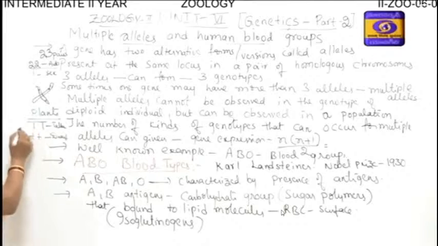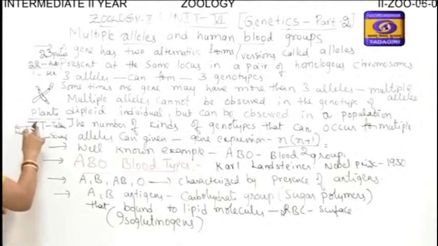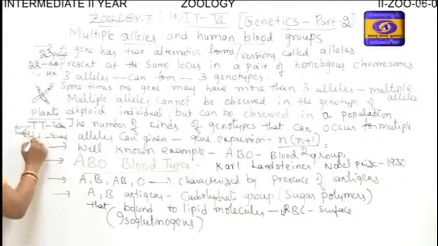These are the two alternative forms for the height of the plant. So this character, tallness, has two alternative forms, capital T and small t, and these two are known as the alleles.